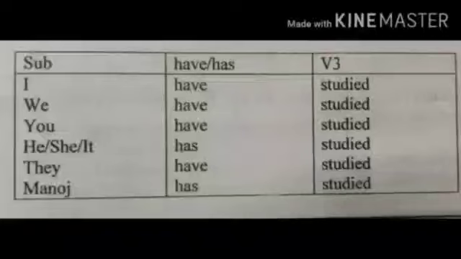Is, am, are, we have taken are there. You are studying. He is studying. She is studying. It is studying. They are studying. Or with a name, anything you can take. Prakash is studying. Akriti is reading. Or Akriti is studying. These are all the common examples, right?